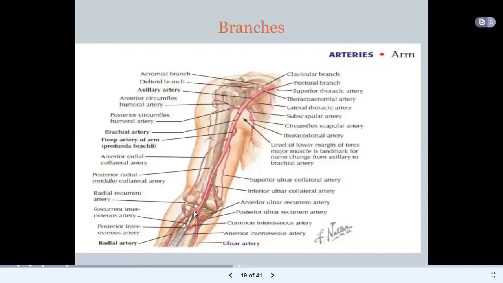Then it will end as the ulnar and the radial artery distal to the cubital fossa. So here you see that the brachial artery, as soon as it enters the cubital fossa, a little bit lower, it splits to form the radial and ulnar arteries.